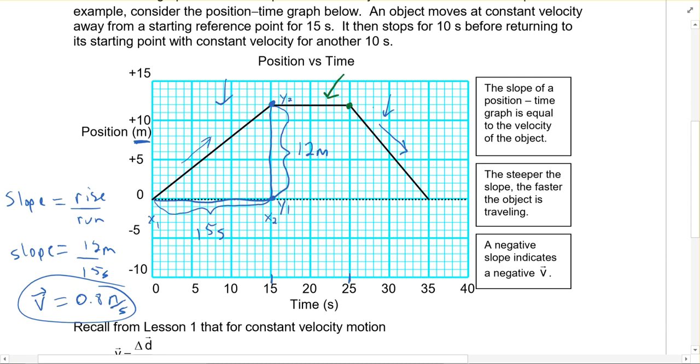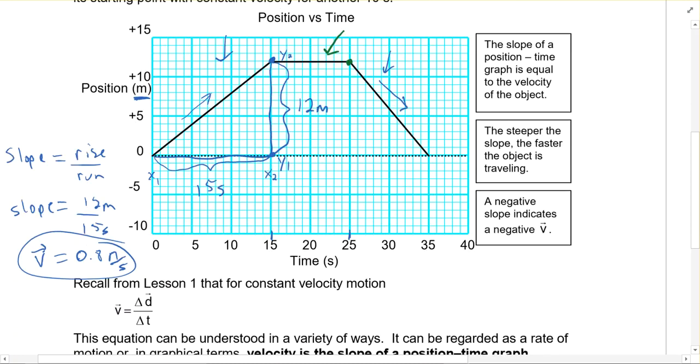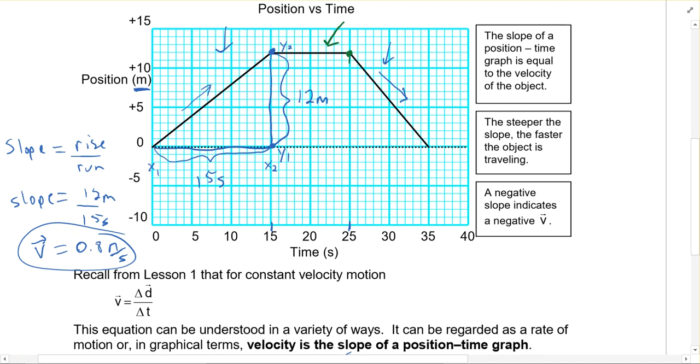Okay, the next part though, I'm going to draw another little triangle. That's the way I like to do it. And we're going to say, okay, from this point down, that's where the difference is, because I got negative 12.